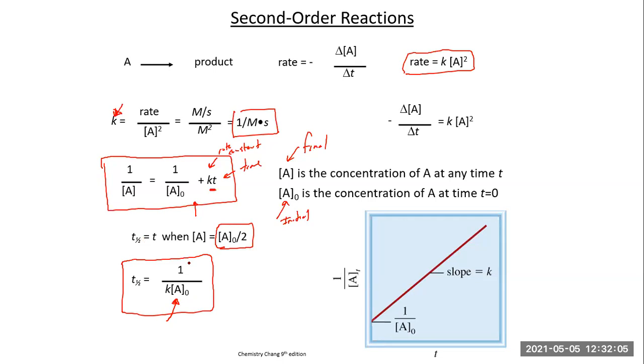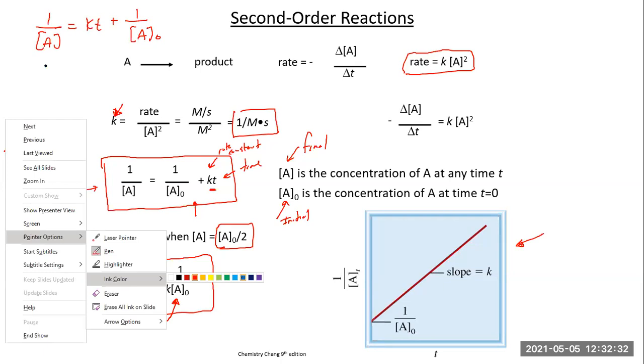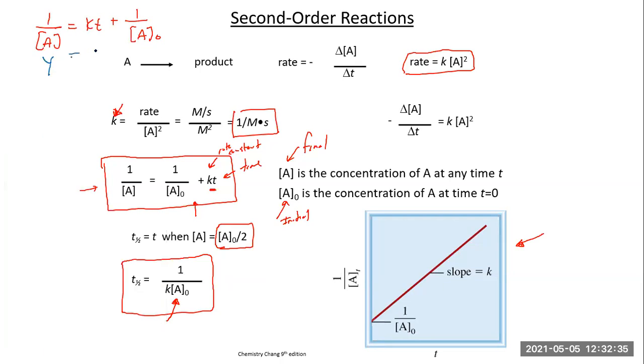Now, also something different with this is the graph that we associate with a second order reaction, which is this graph right here. Taking our rate law and rearranging it just a little bit, we get 1/A is equal to kt plus 1/A naught. And this means that this is written in the form of a straight line, y equals mx plus b.